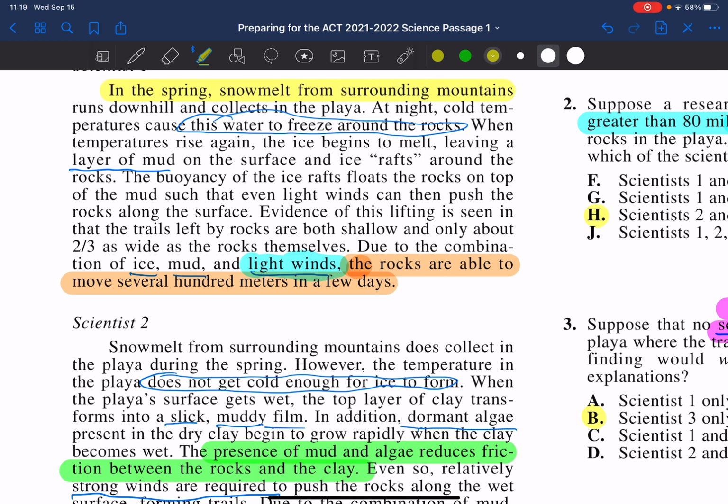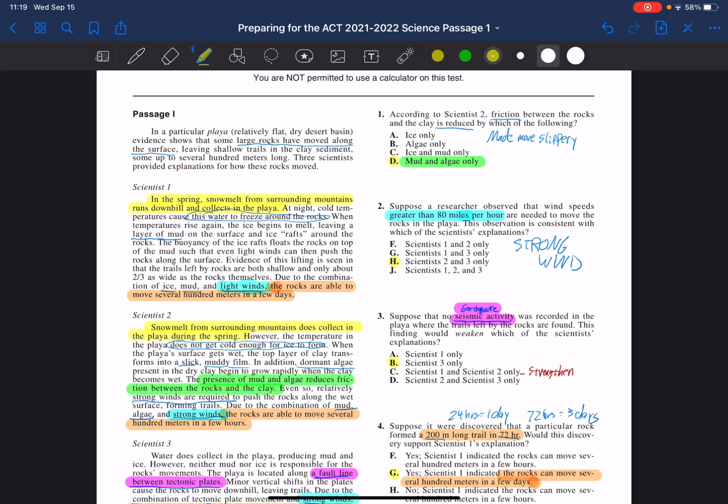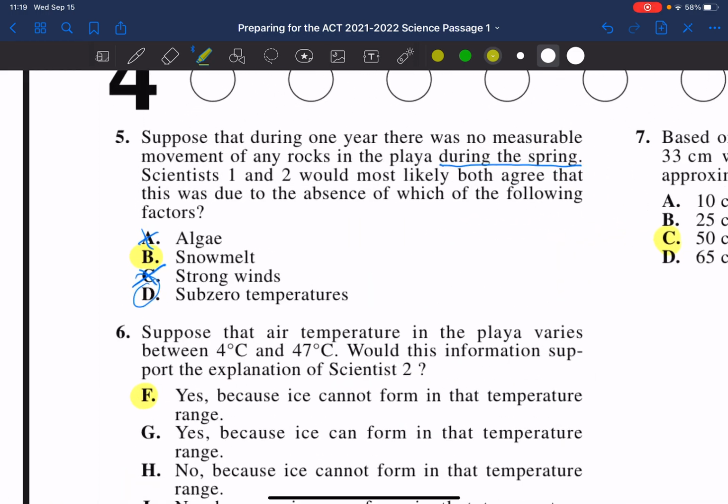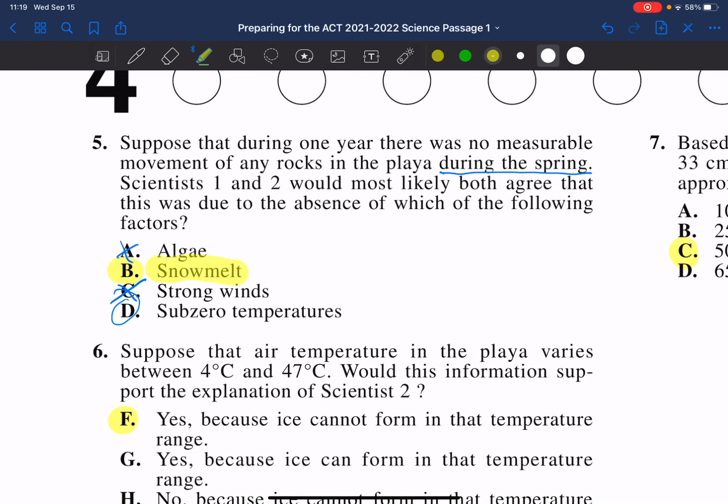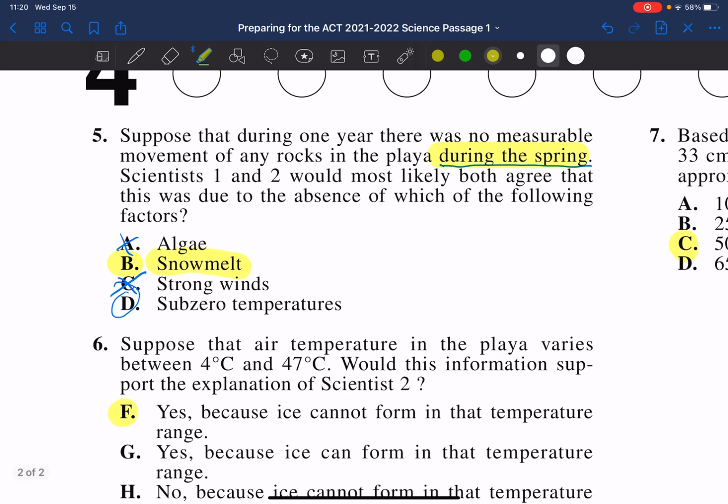The surrounding mountains runs downhill and collects. Right here, snowmelt, the Falling Mountains does collect in the playa during the spring. Right there. So the fact that it was in the spring, that keyed us into this phrase right here. So in this one, problem number 5, it was snowmelt because it was during the spring. So that's why the answer was letter B.